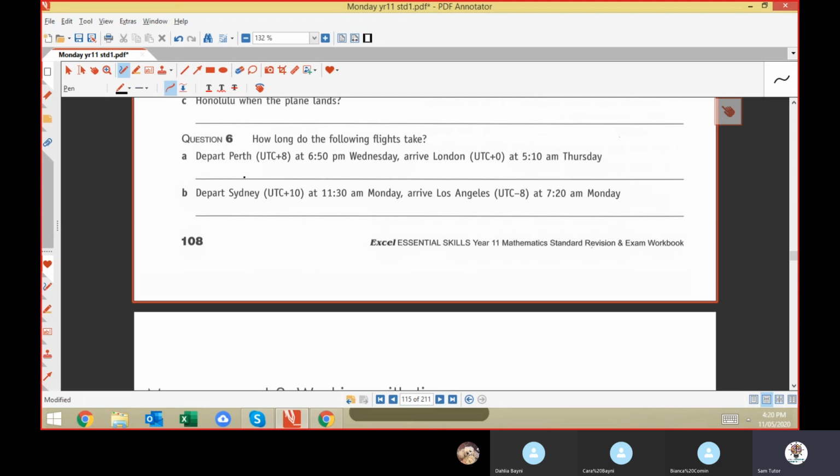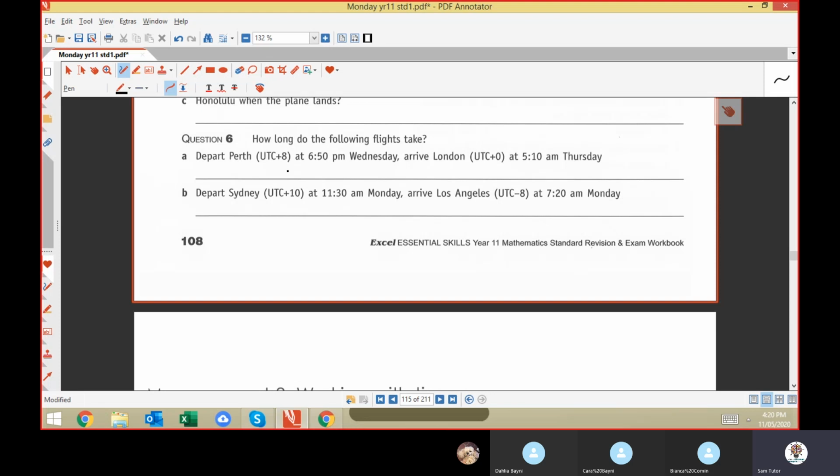How long will the following flights take? If you depart Perth at 6:50 p.m., you arrive London at 5:10 a.m. on Thursday. Well, you know there's an 8-hour difference. You know that London is 8 hours behind Perth.